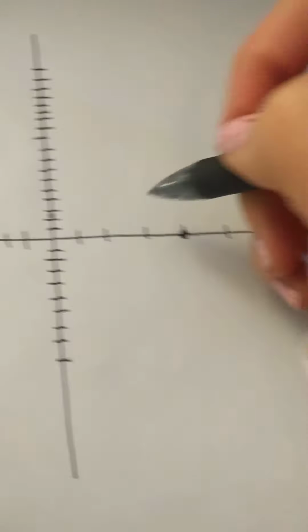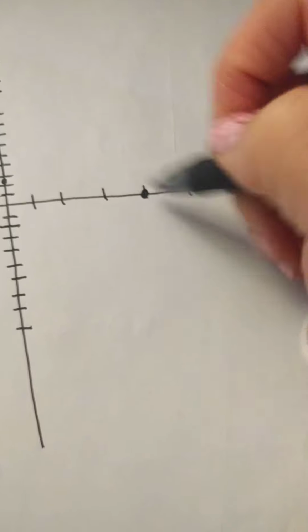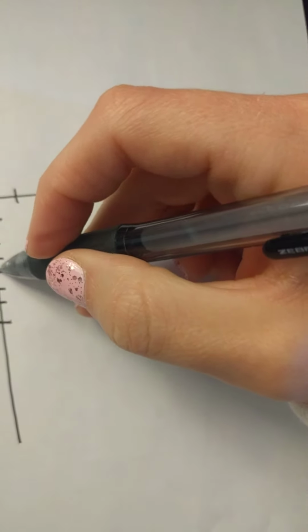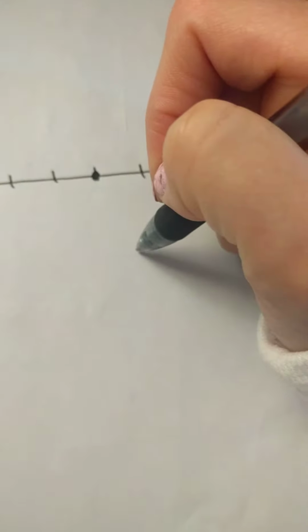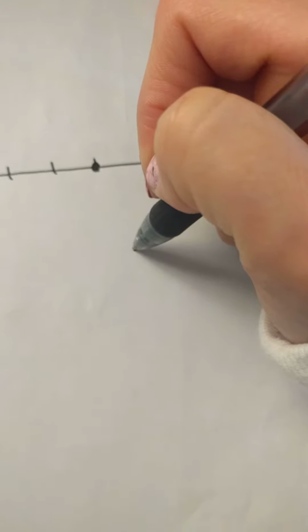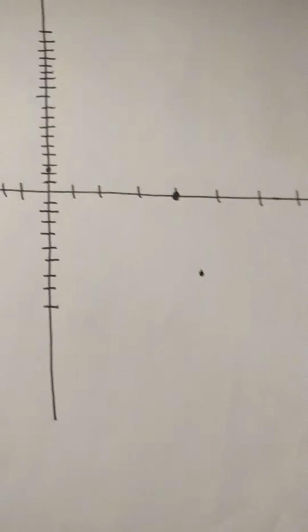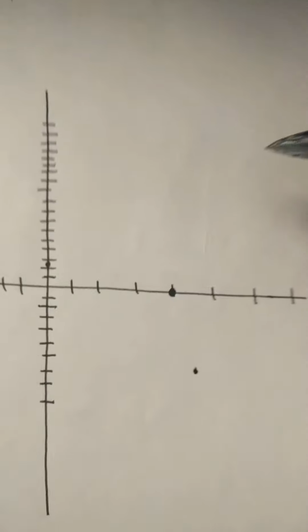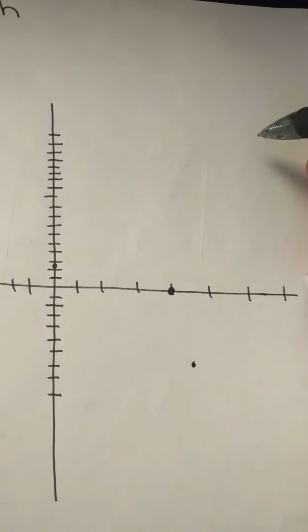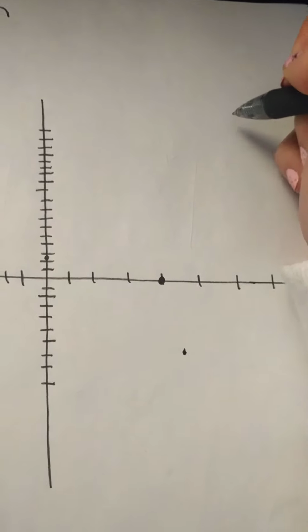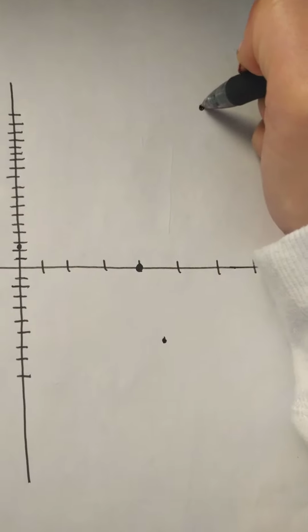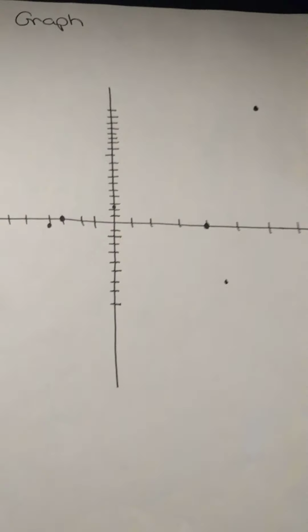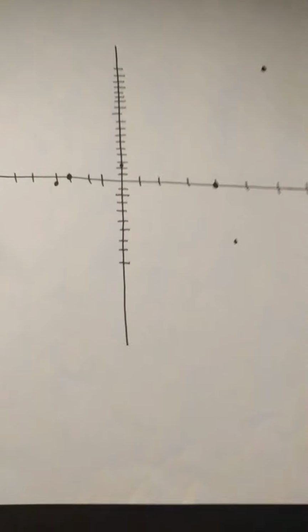I have 4 1/2. 1, 2, 3, 4, 5, 6, 7, 7 1/2. That's going to be right about there. And then 6, 18. So 1, 2, 3, 4, 5, 6, all the way up to 18. That's right about there. Okay, so those are all the points I know on the graph.